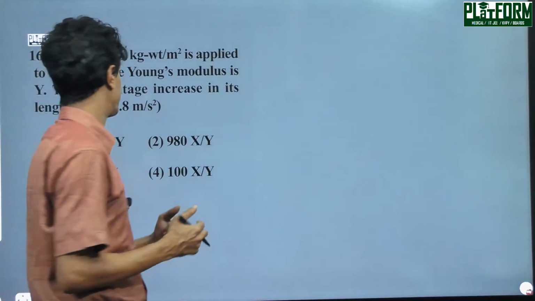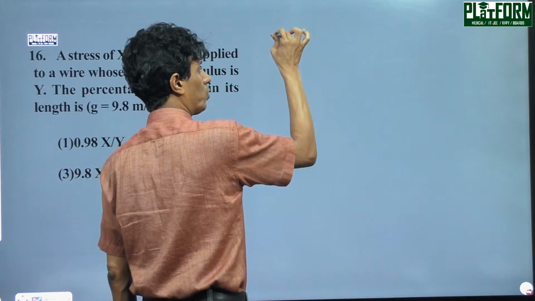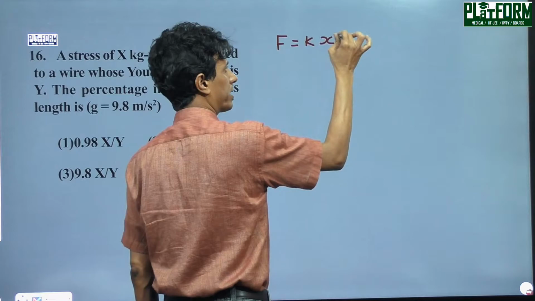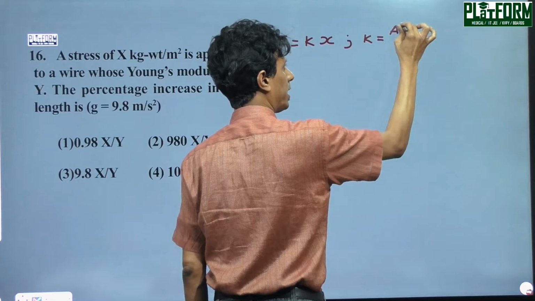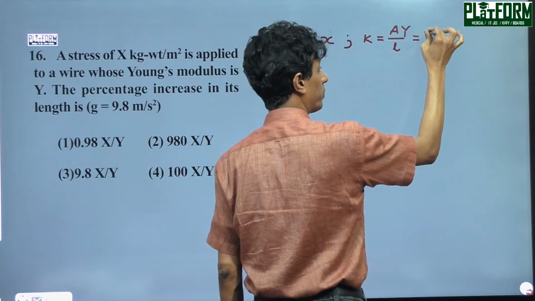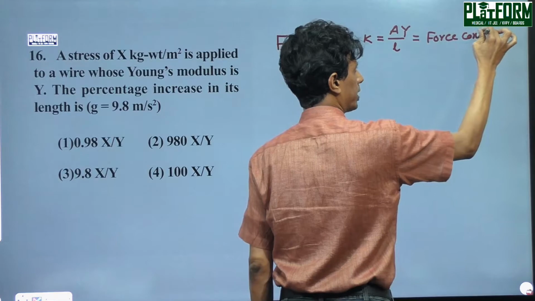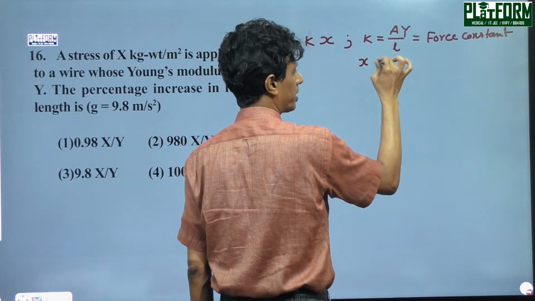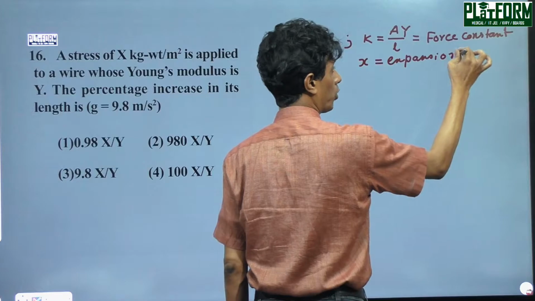The percentage increase in its length is, we know F equal to K into X, where K is Ay by L. It is actually the force constant, and X is the expansion or elongation of the wire.